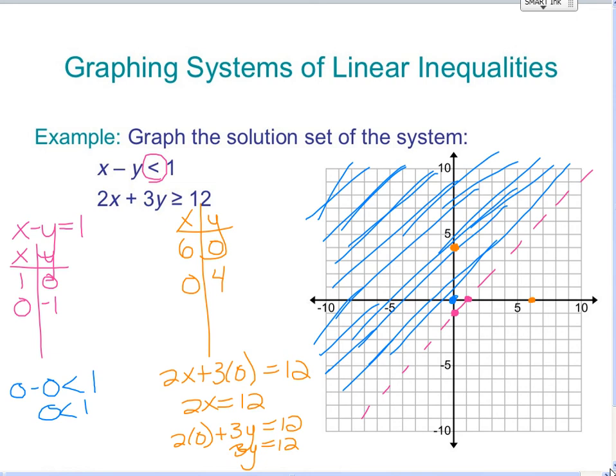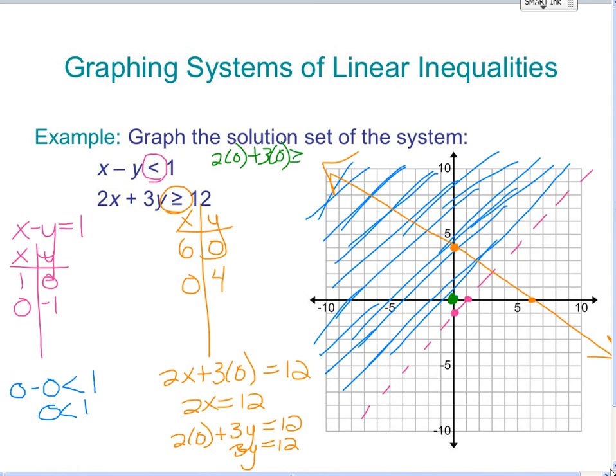Okay. Go back to the inequality, and you see that it's greater than or equal to, so I'm going to draw a solid line. Since my line does not go through 0, 0, I'm going to choose 0, 0 as a test point again for the second inequality. So you're going to plug in 0 and 0 at the same time. 2 times 0 plus 3 times 0.